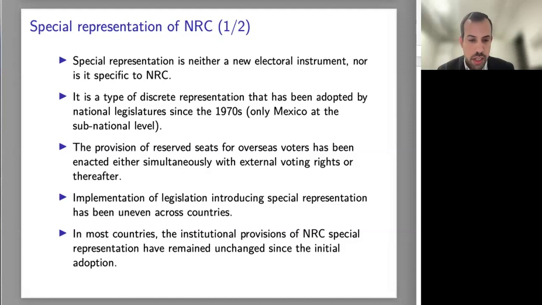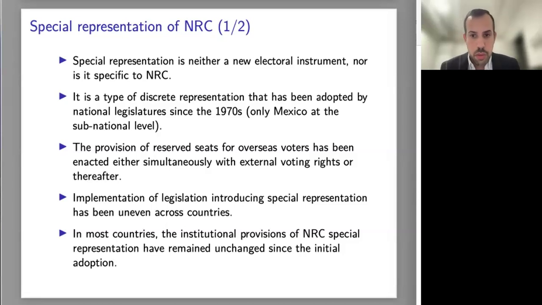This, of course, is under study because probably we rely largely on the normal pattern of studying non-resident citizens within a national-level context. But yes, there is a subnational case of special representation.